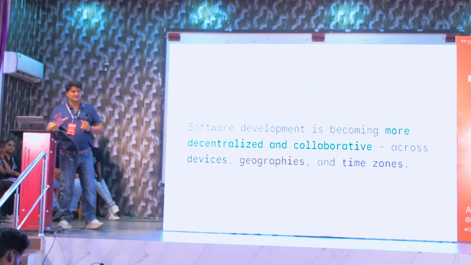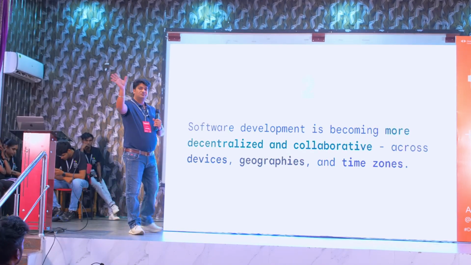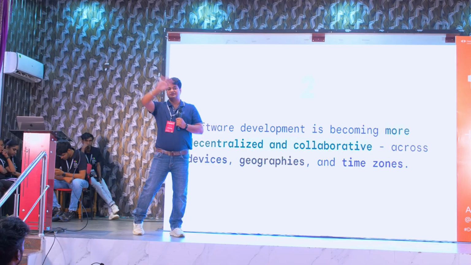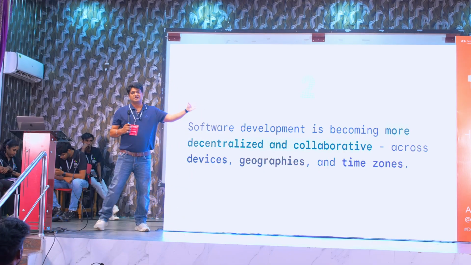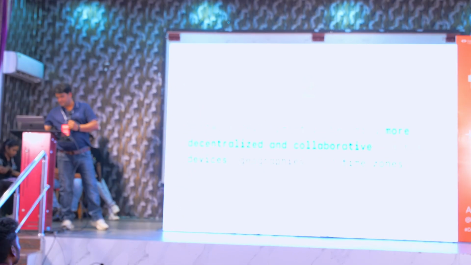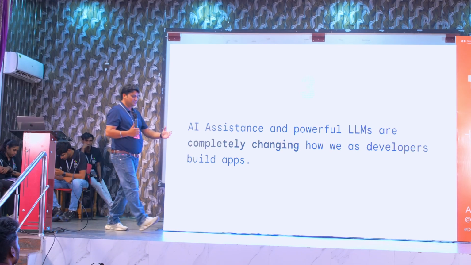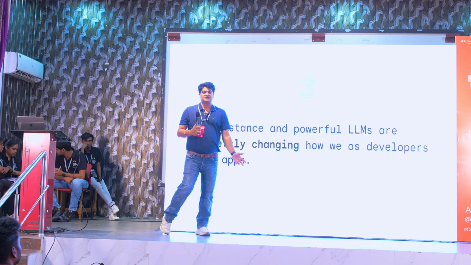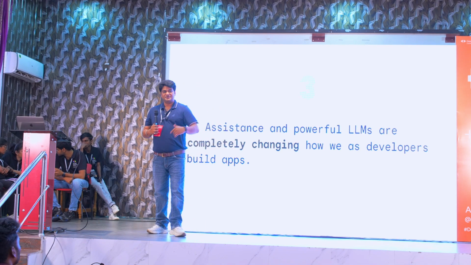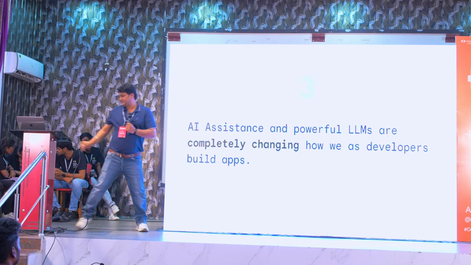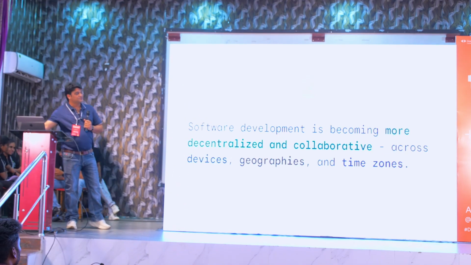So geographically, all those code distributions and contributions are decentralized across the globe. And someone is developing in IST hours, US guys are working in US hours, so there is a time difference as well. That is related to time zones.